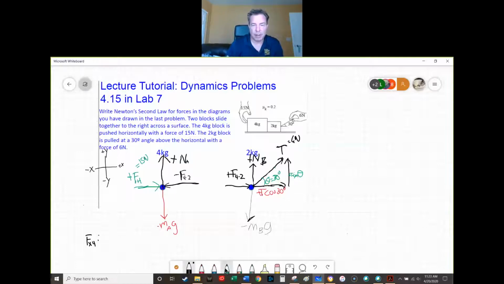So that means friction force is going to be working to the left on the 4 kilogram block.